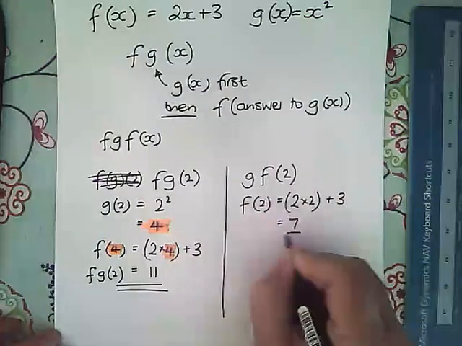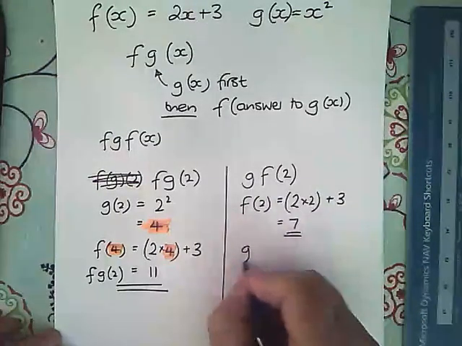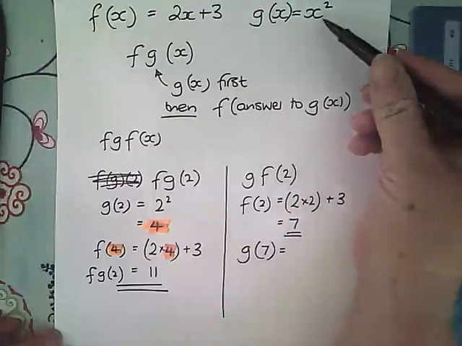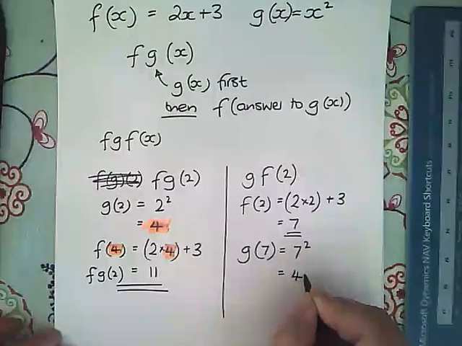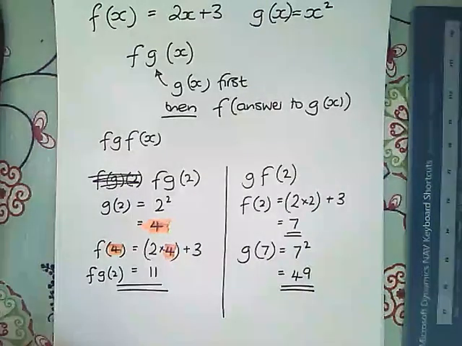I'm then going to use this value and put it into the g function. So I'm going to do g of 7, which is squaring. So that's going to be 7 squared. So the final answer is 49. So you can really see from this example, it's incredibly important that you do the functions in the right order.